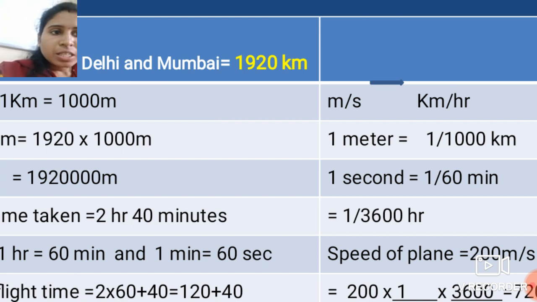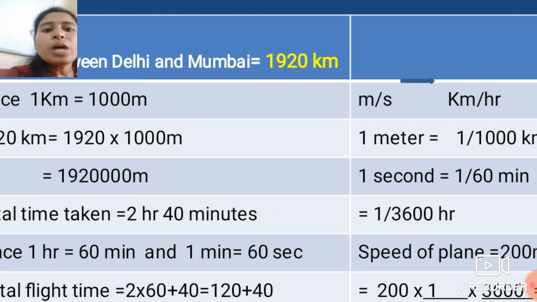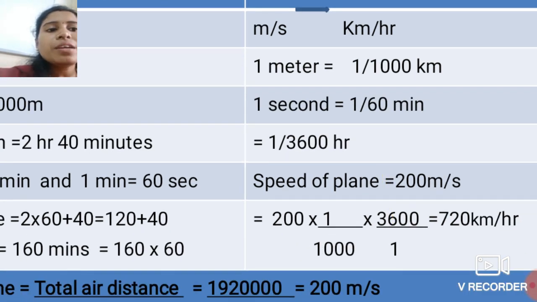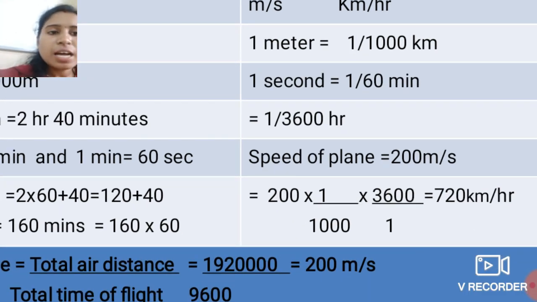Because in 1 hour how many minutes are there? 60 minutes are there. But here we have given 2 hours. So 60 into 60, we get 3600 hours. Okay. So the speed of the plane is 200 meter per second, which is our answer.